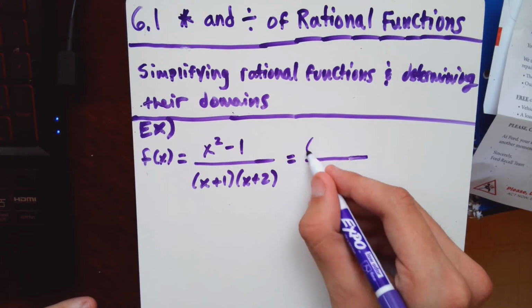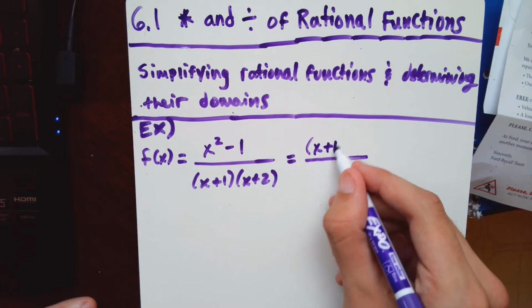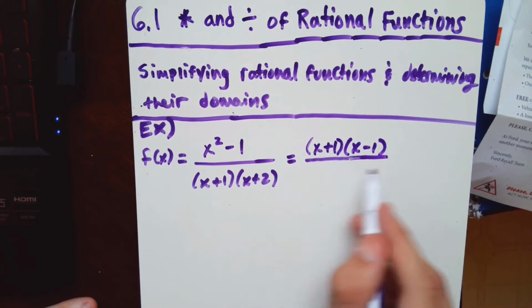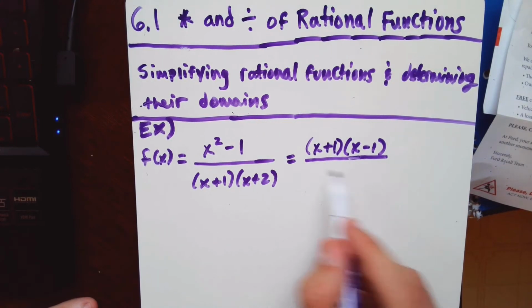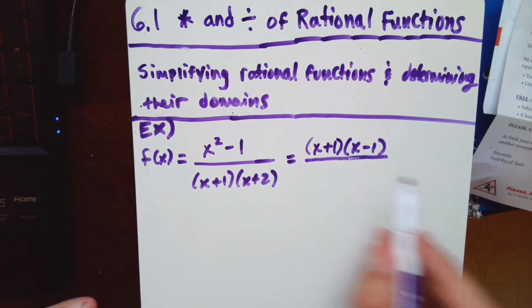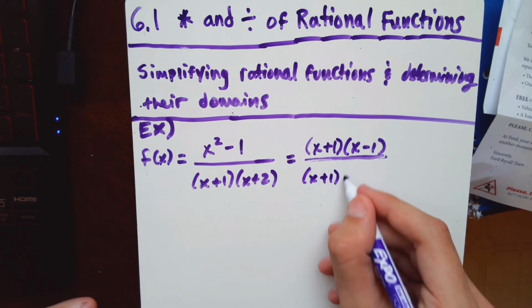So a is x, so it's x plus 1 times x minus 1. That's the top. Review the factoring video on the difference of squares, if that's puzzling you at all. And below, we still have x plus 1 times x plus 2.